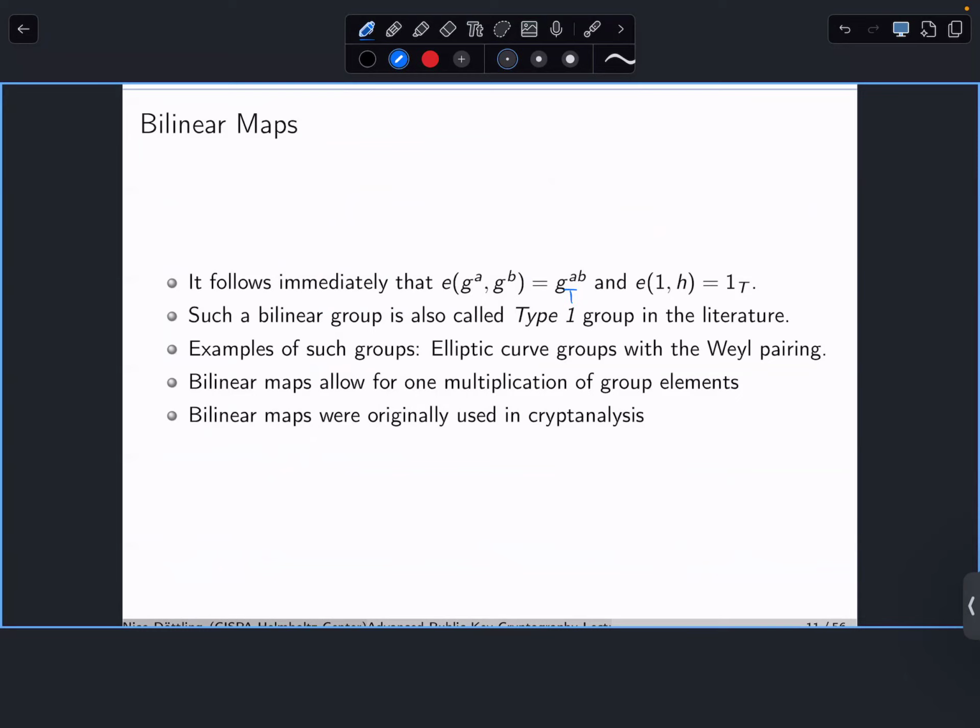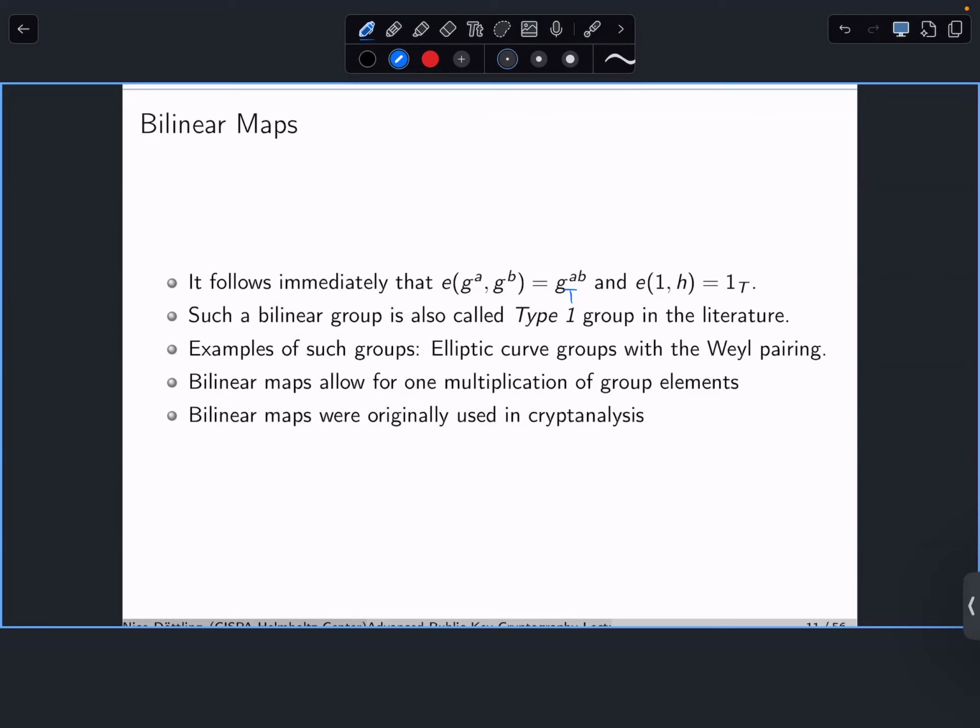Computing in asymmetric bilinear groups is potentially or typically more efficient than computing in a symmetric bilinear group. Also, there are some hardness assumptions, which we're not going to go into, which make sense to define in asymmetric bilinear groups, but not in symmetric ones.